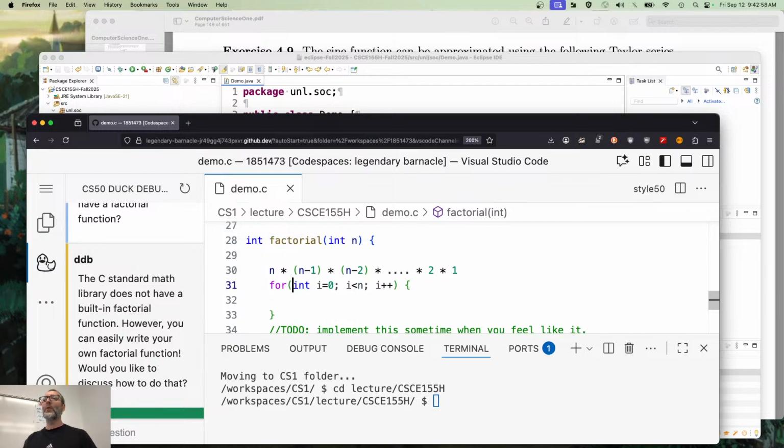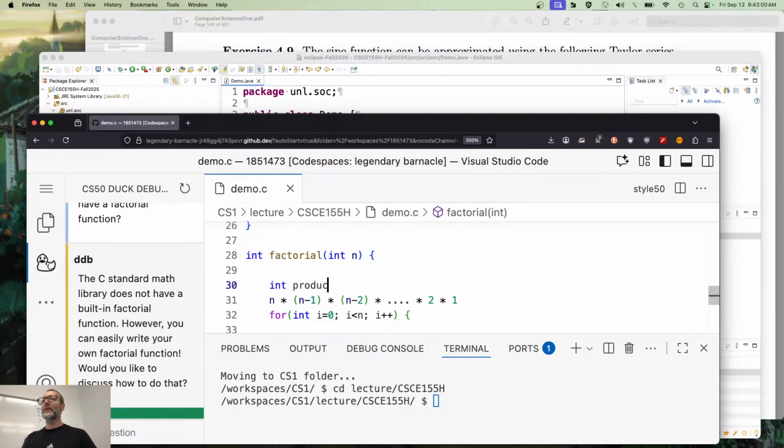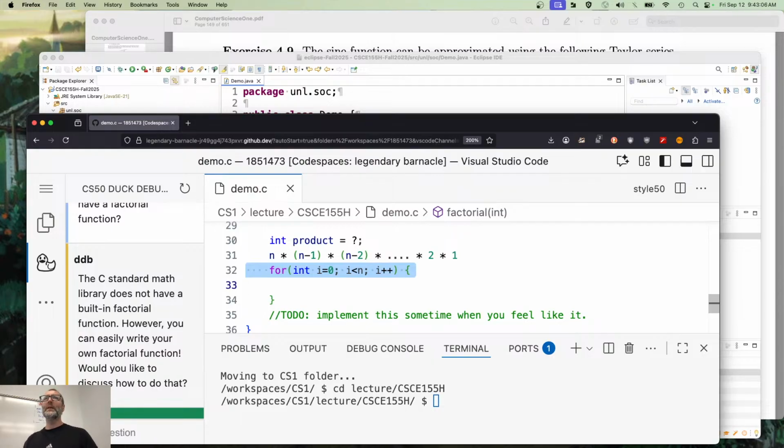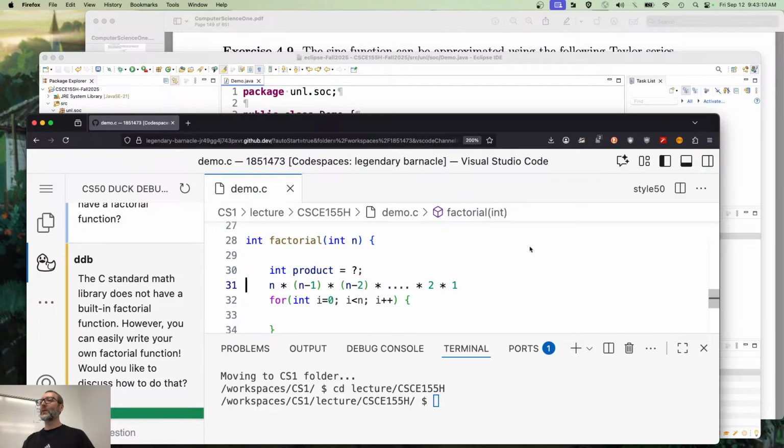I want to keep a product, int product. So where should I start that product, and is this idiomatic for loop actually appropriate? So i is running from 0 up to n minus 1. Is that what my summation is doing here? Nope. So how could we do this instead?